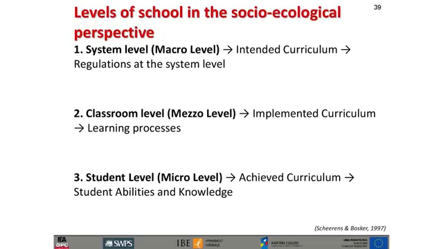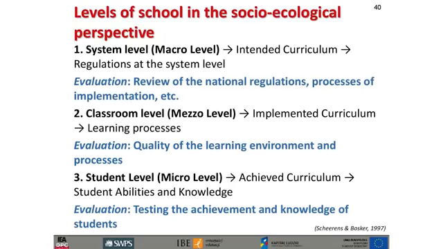Those are the regulations at the system level, and the evaluation is a review of national regulations, processes of implementation, etc. On the classroom level, the focus is on the implemented curriculum, which takes place in learning processes, and the evaluation would be the quality of those learning processes. At the student level, which is the lowest level, the micro level, the interest is in the achieved curriculum, defined as student abilities and knowledge. And the evaluation is, of course, testing the achievement and knowledge of students.